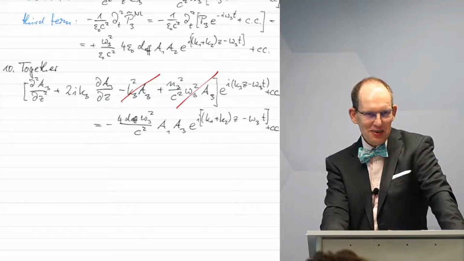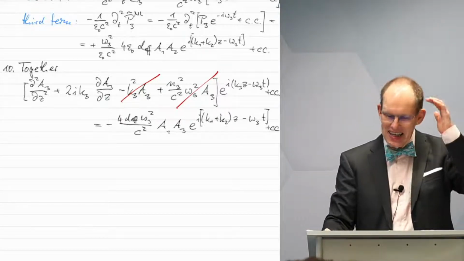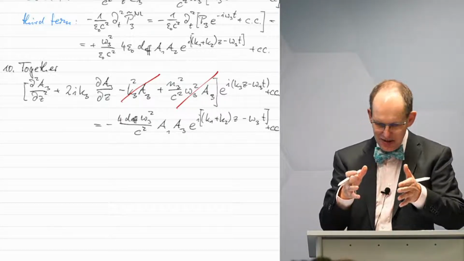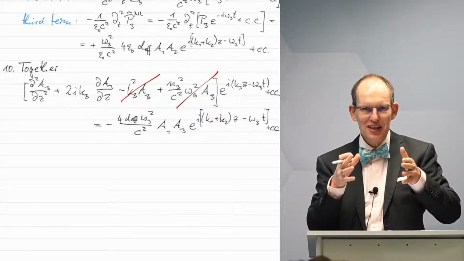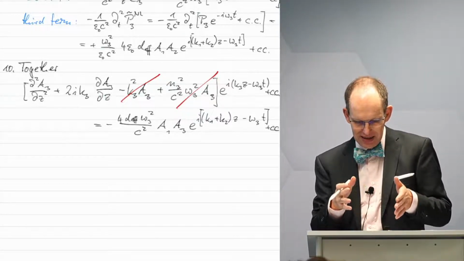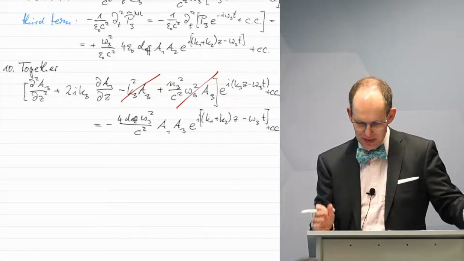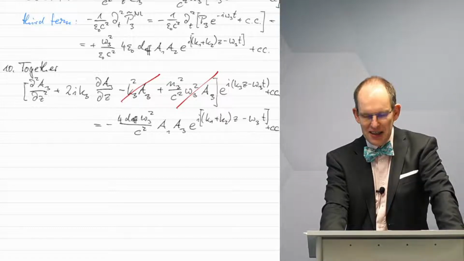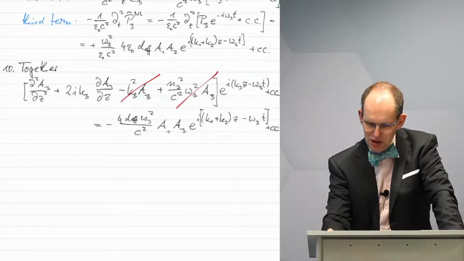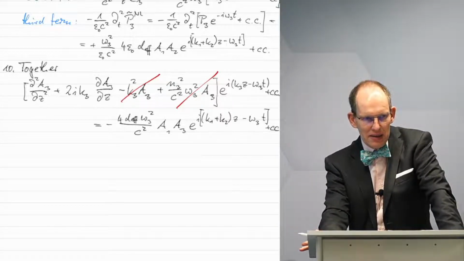Actually, this is not just one equation. These are two equations, because the complex conjugate and the original version are linearly independent.